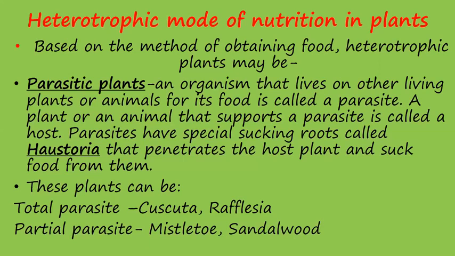Partial parasites are those parasites which make a part of their food themselves by photosynthesis but derive other components such as water, minerals, etc. from the host plants. Examples are mistletoe and sandalwood.